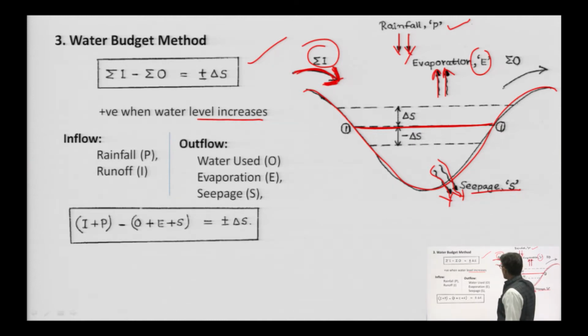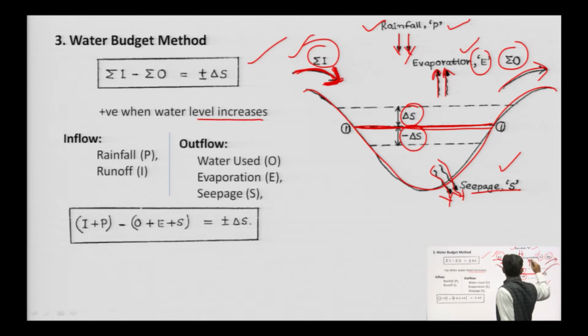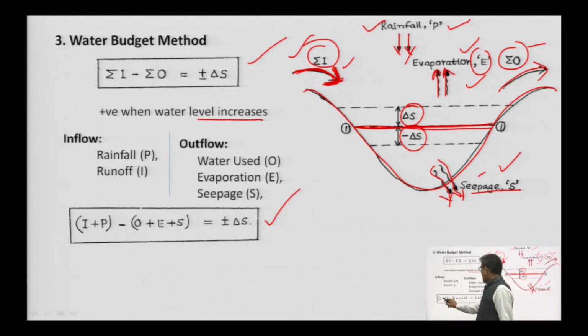Now, the input is the precipitation, and the output is evaporation and seepage loss. If some part of the water is taken out, then whether this level is going up or going down, that is the value of delta S, and it depends upon these values in this equation: I plus P, where P is precipitation, is the input, whatever water is coming to that water body. Output is water used, evaporation and seepage.